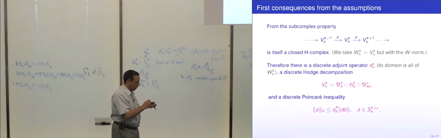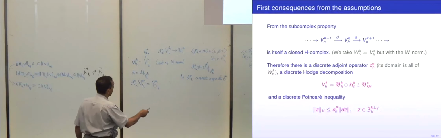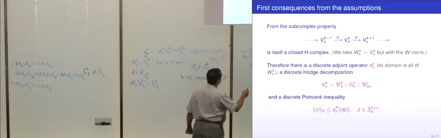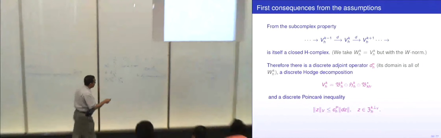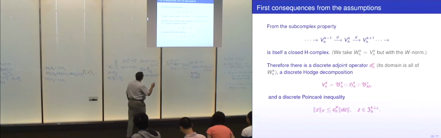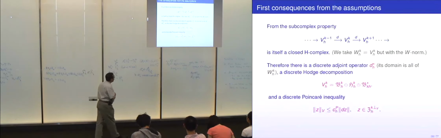And we know for all Hilbert complexes, the base space breaks up as the boundaries plus the harmonic forms plus the range of d star. We also have the discrete Hodge decomposition, and we have the discrete Poincaré inequality, which is the first one that's quantitative.